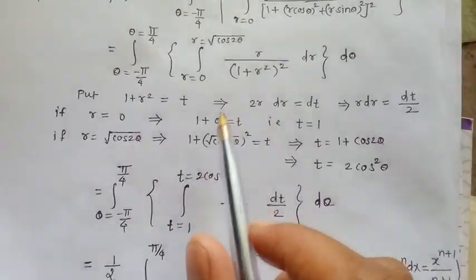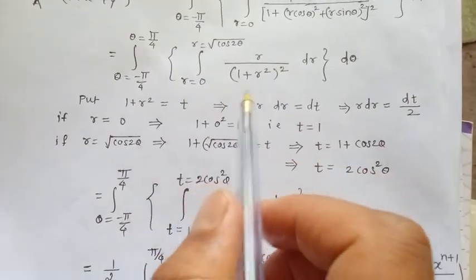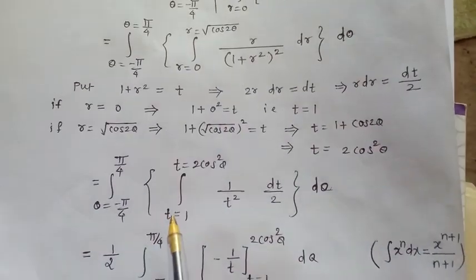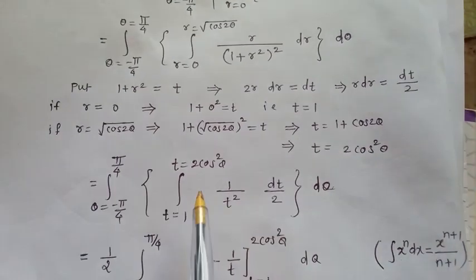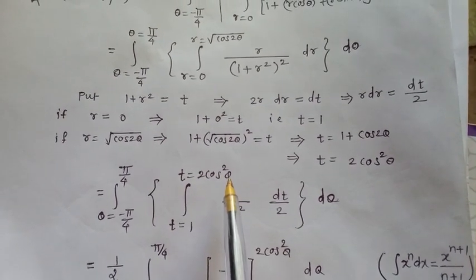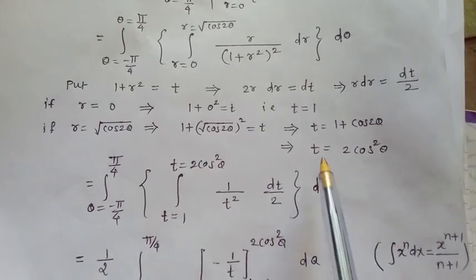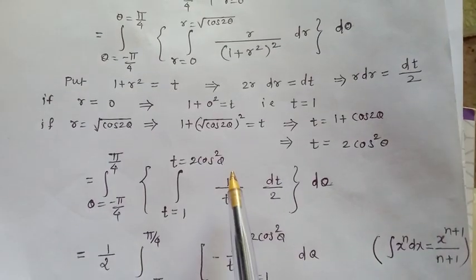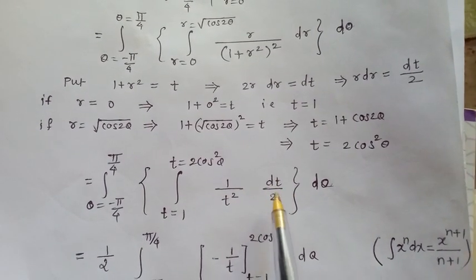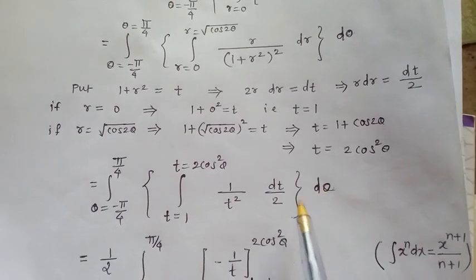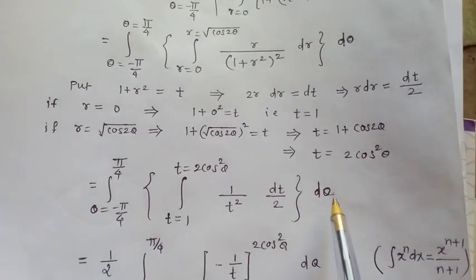Therefore, using all these substitutions, I can write this inside integral as the integral from t equals 1 to t equals 2 cos square theta, lower limit and upper limit, of 1 upon t square dt upon 2, the curly bracket complete, and the integration of this with respect to theta.